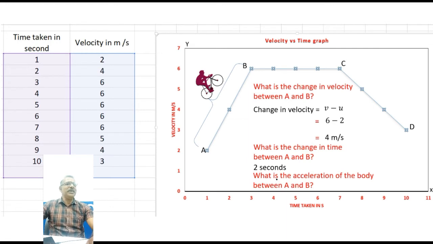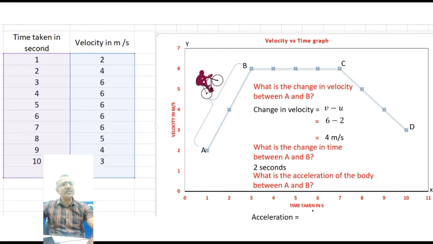Now what do you mean by acceleration? Acceleration is change in velocity per unit time. Meaning for 2 seconds, how much change? 4 meters per second. Therefore, for 1 second, if you calculate in this example how much change in velocity for 1 second, that will be the acceleration.